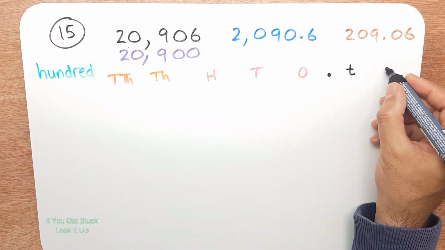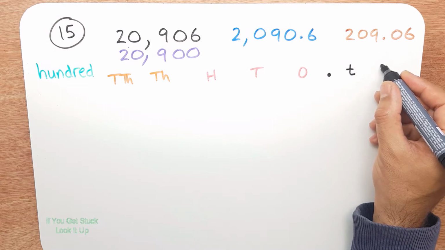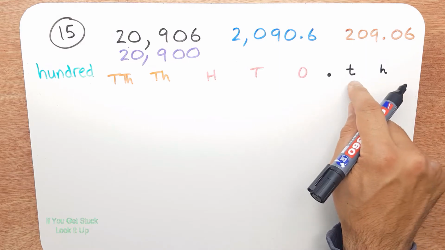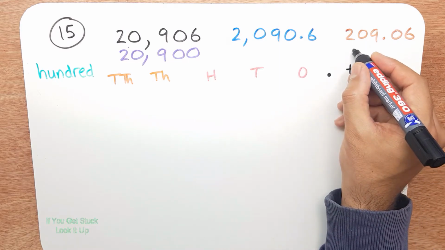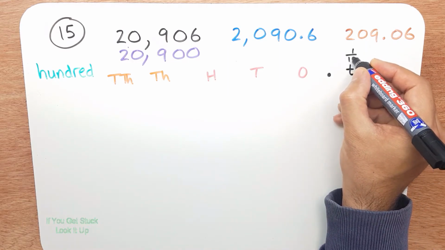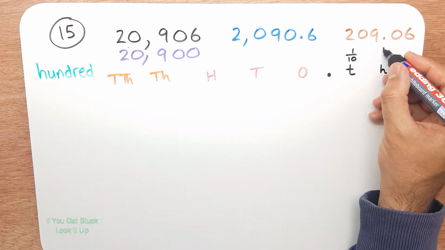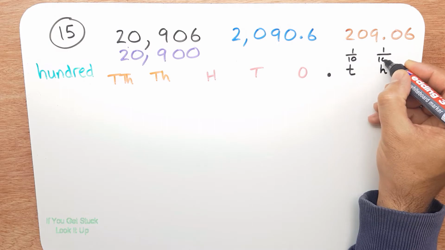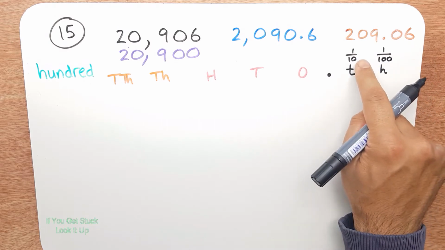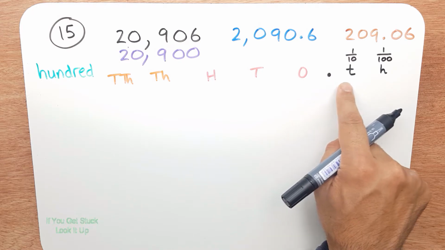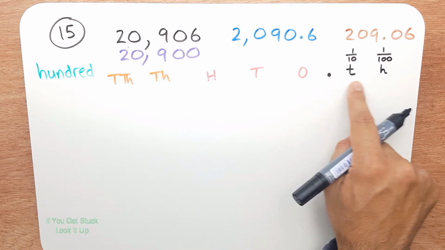And then next to it we have the hundredths column. So tenths would be 1 over 10, and 100ths would be 1 over 100. Don't worry about them too much in this question, but just remember after the decimal point it's a tenth and a hundredth.